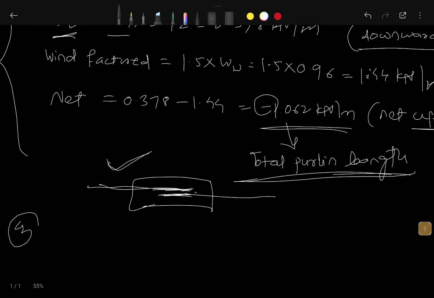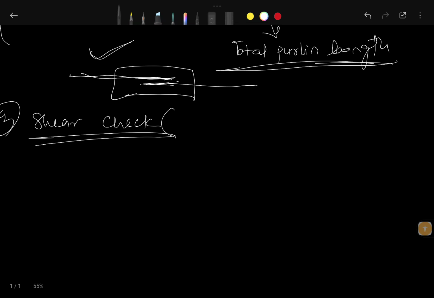Now the fourth point, shear check. Shear check is very important. This parameter is also very important. Shear check is nothing but shear at mid-span for a simply supported, uniformly distributed load is small; for purlin span, the maximum shear is at the support.